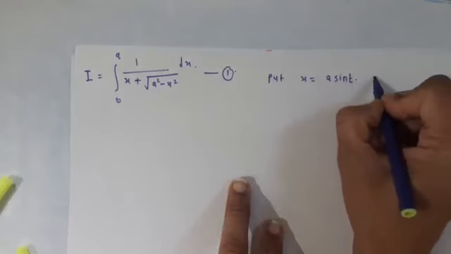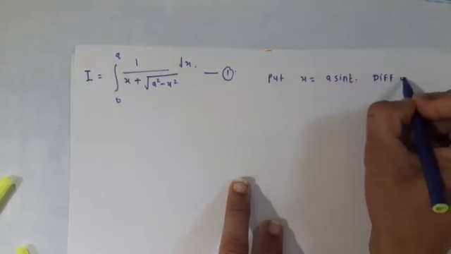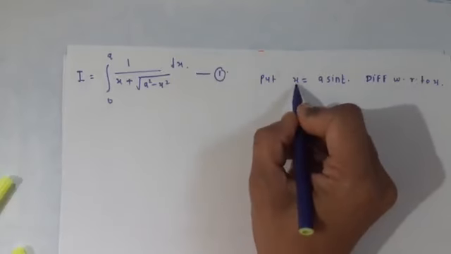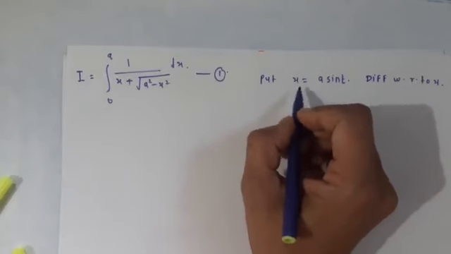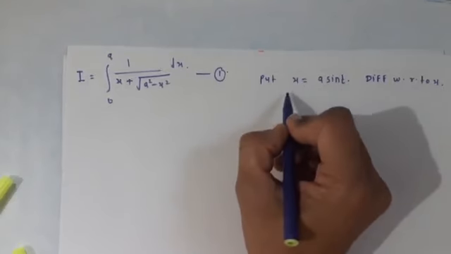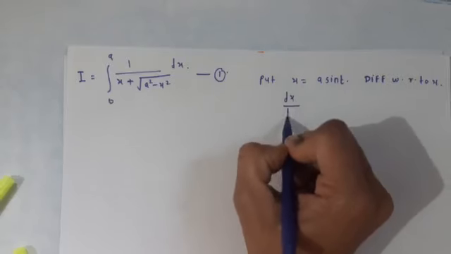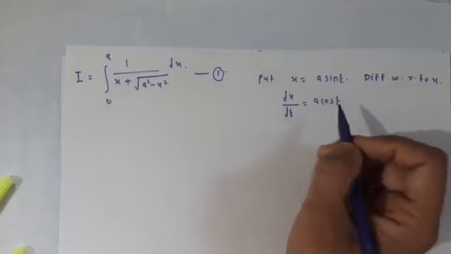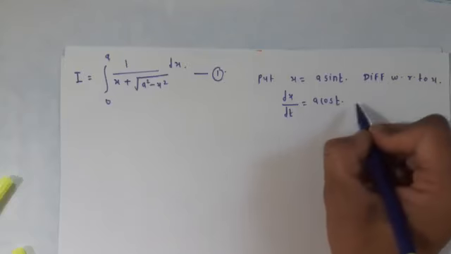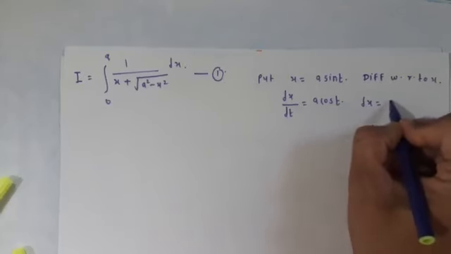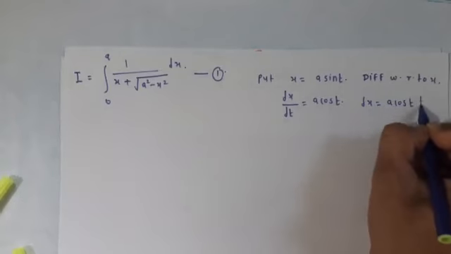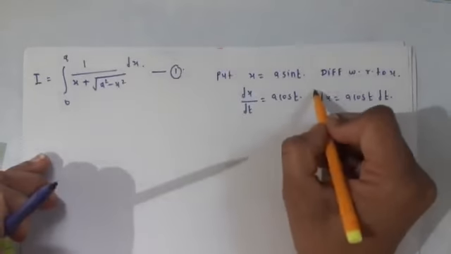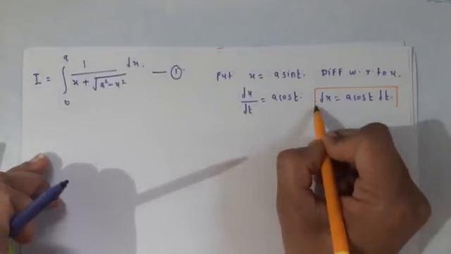Whatever your substitution is, differentiate it with respect to t. We get dx by dt equals a cos t, and therefore dx equals a cos t dt.